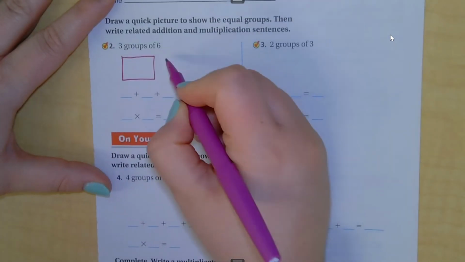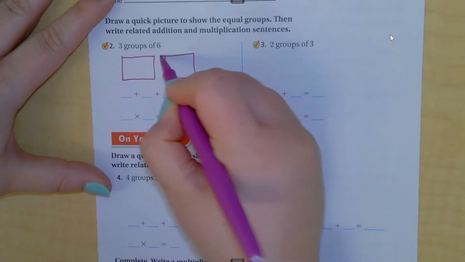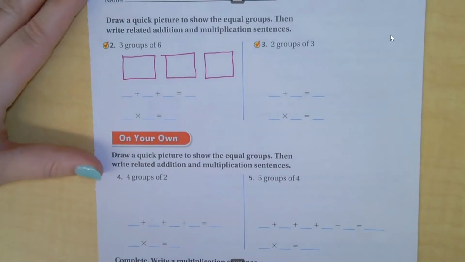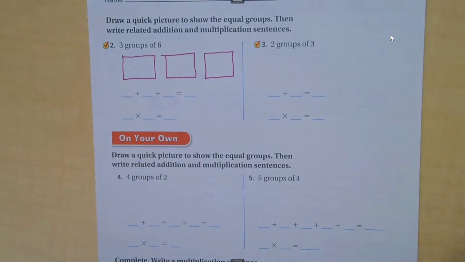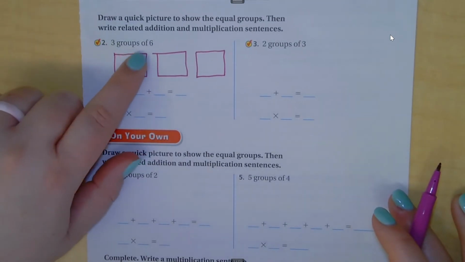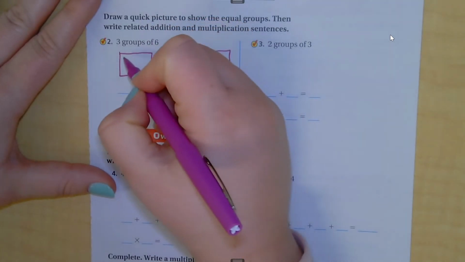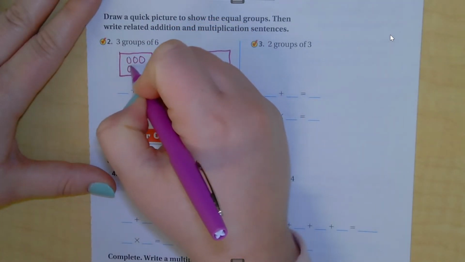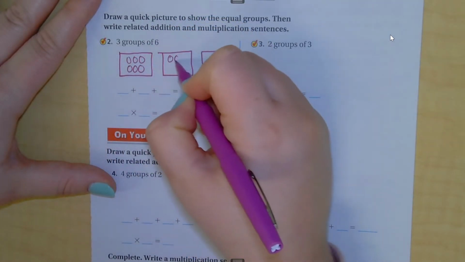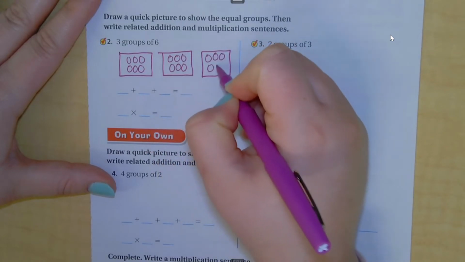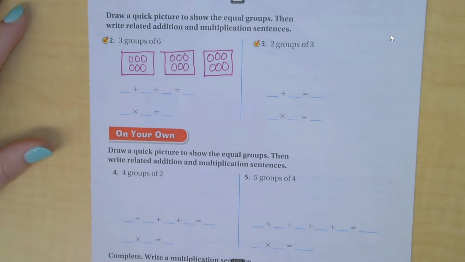1, 2, 3. So I have my 3 groups, right? Okay, how many in each group? 3 groups of 6. So I need 6 in each group. All right, I've got that.